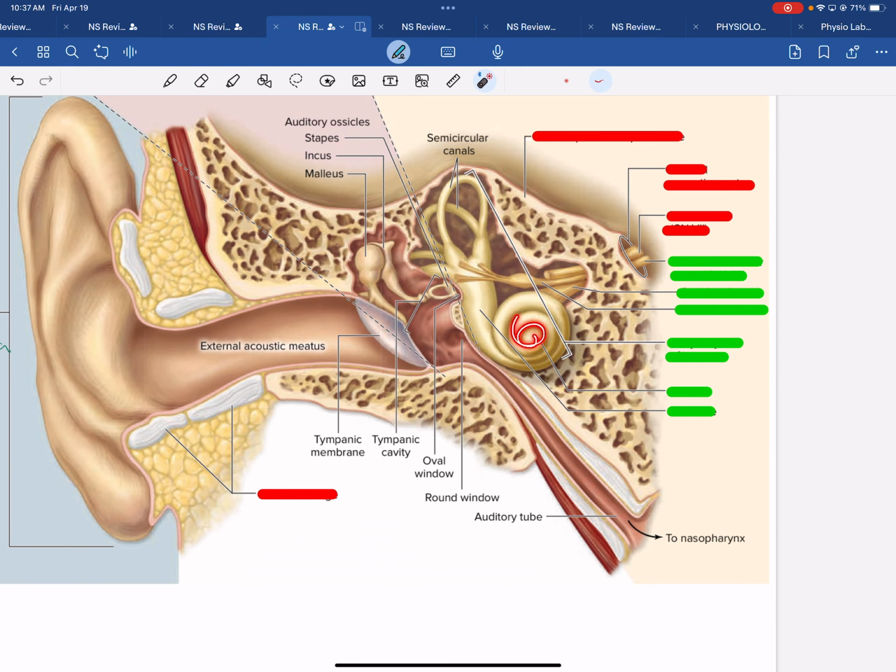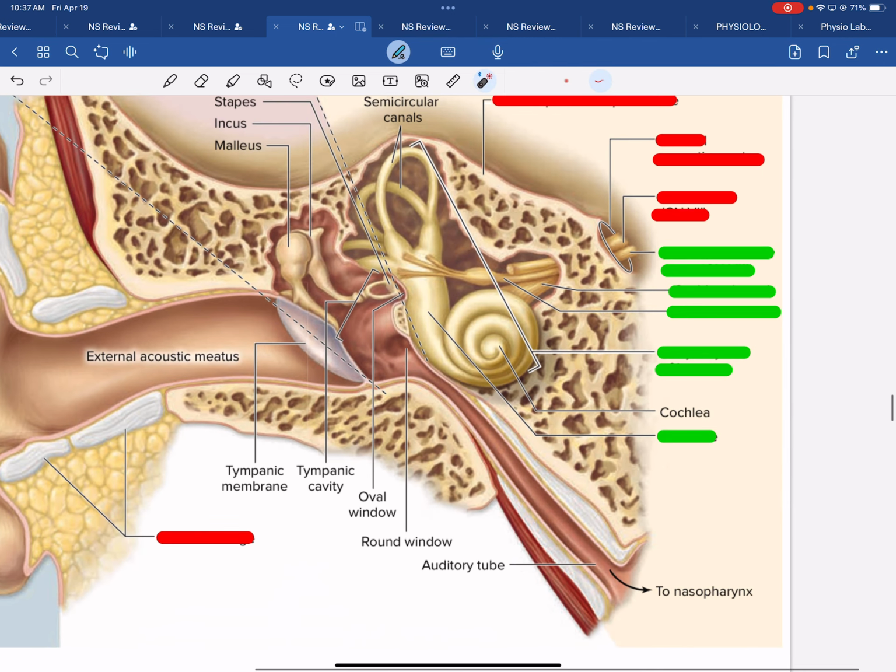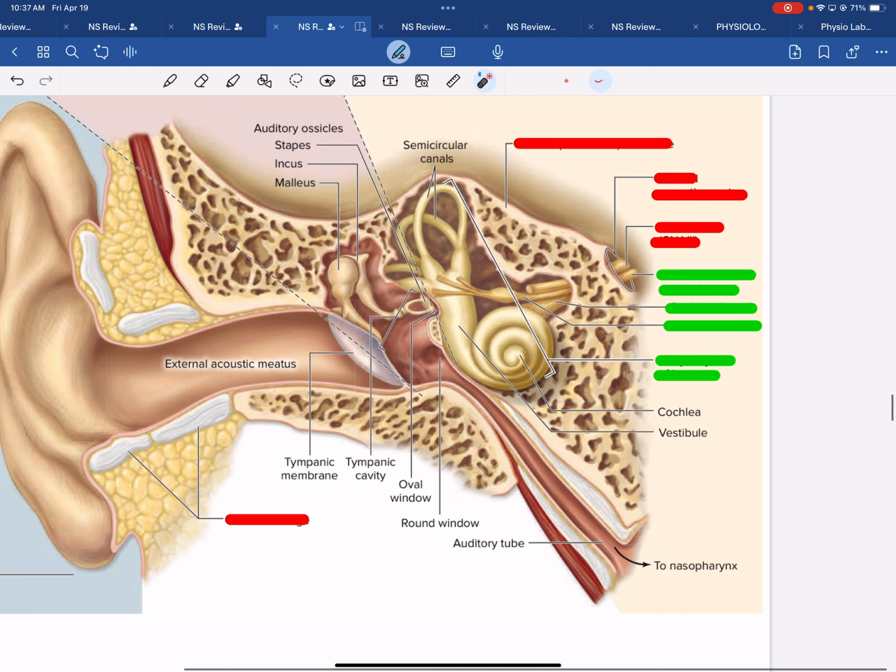What is this? Cochlea. Good, the cochlea. Here, good, the vestibule, good. The semicircular canals and the cochlea and the vestibule make which structure? Not the internal ear, but there's 2 labyrinths.